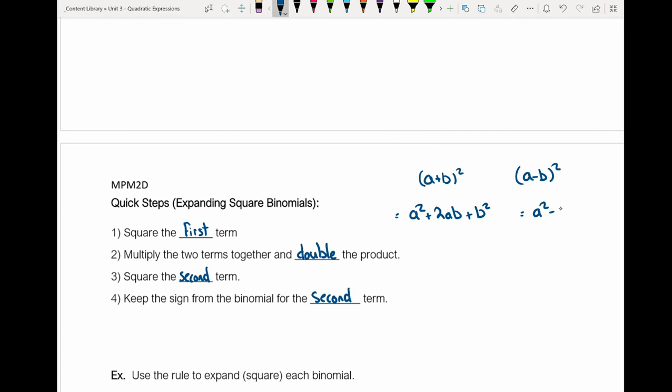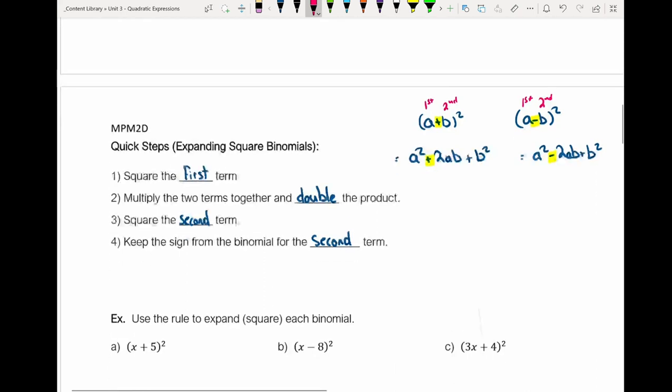A minus b squared in this case would be a squared minus 2ab plus b squared. So we can see the signs match up. We see our first term, this is our second term in our binomial, and we can see where they end up being. So we can use that to help us with this.